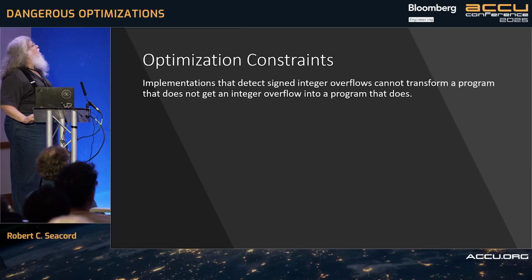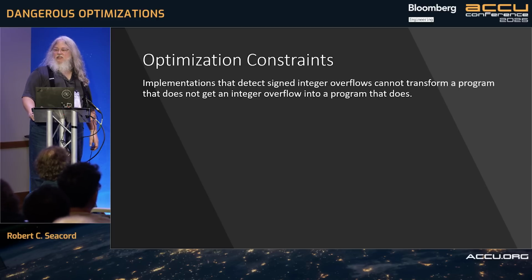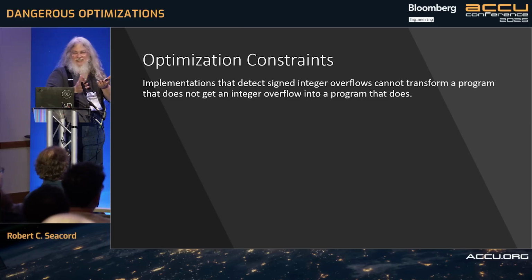Now, when you read the C standard, every once in a while it provides you a guarantee, right? And you should take those things and worship them. It doesn't do it very often. Almost all the time, it's kind of like, anything can happen.